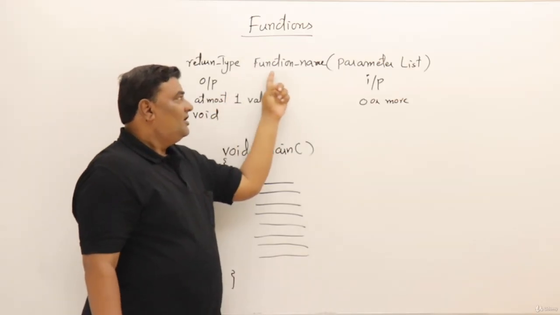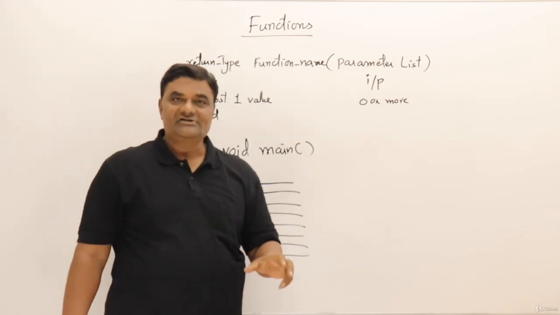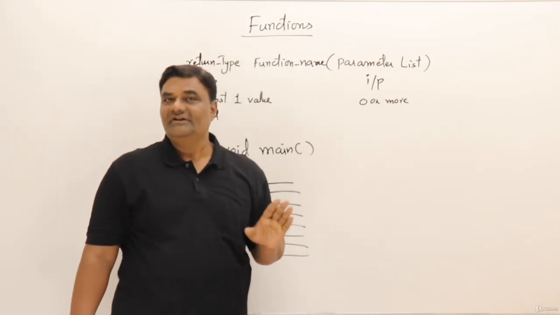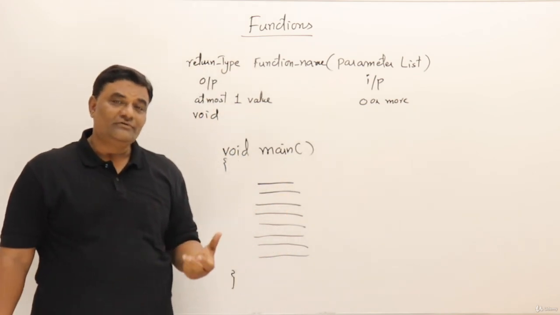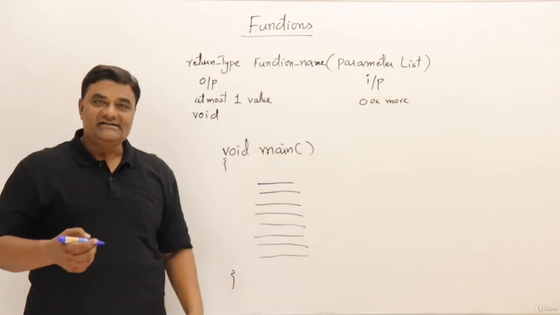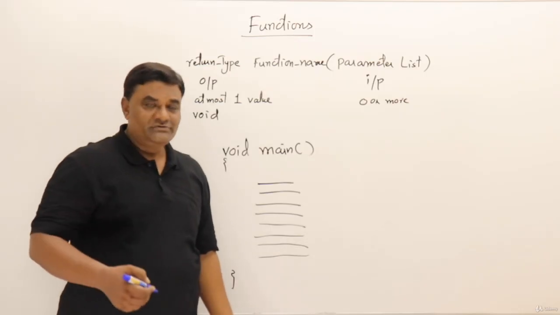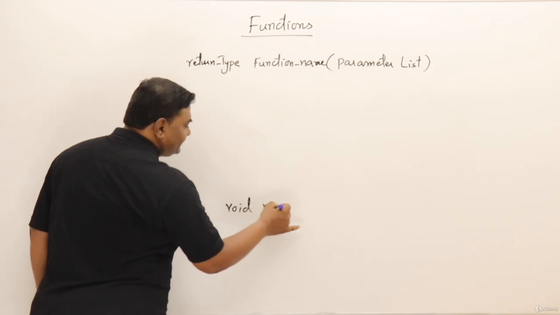Now one more thing, how should the function name be? The rules for giving function names are the same as the rules for giving variable names. The same rules you follow for variable names, you should follow for function names also. Now let us write one example function and use it in our main function. I will write the main function.